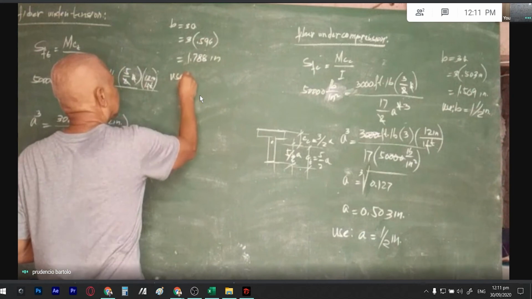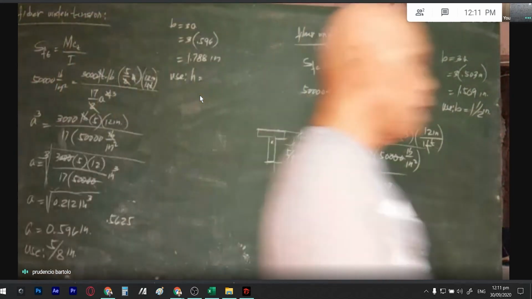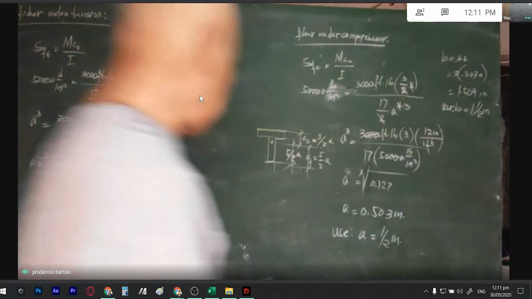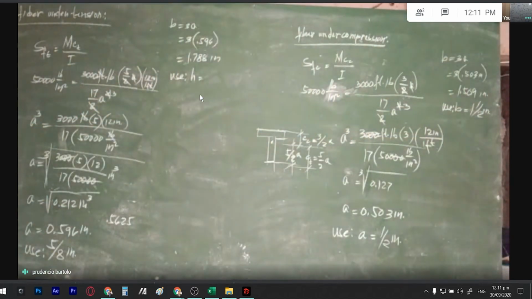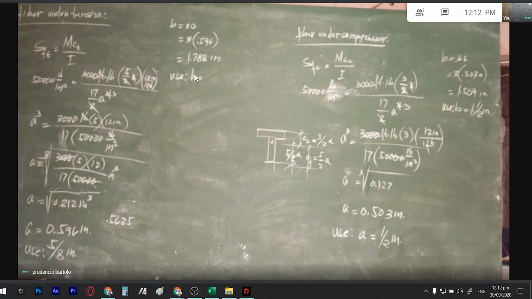So we use over 8. That is within the range of 7 over 8 to 3. Lower value is 1.788. So lower value is 1 3/4. So that is 1.75.